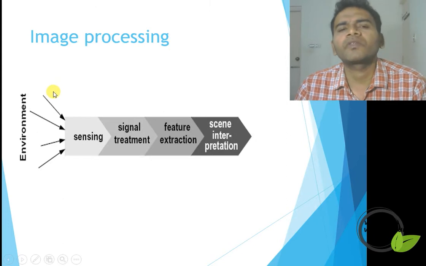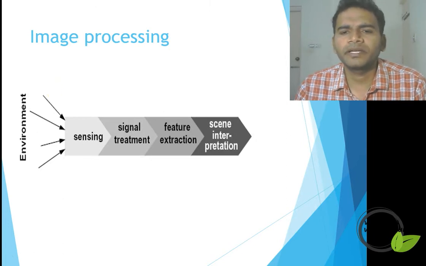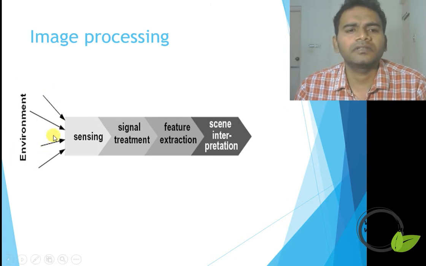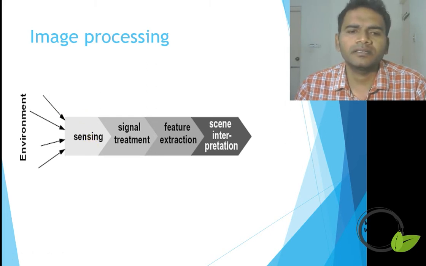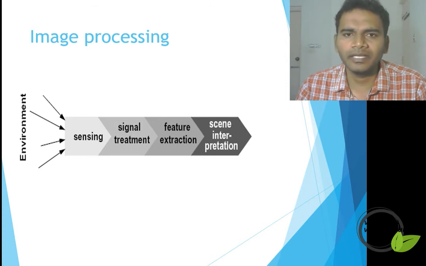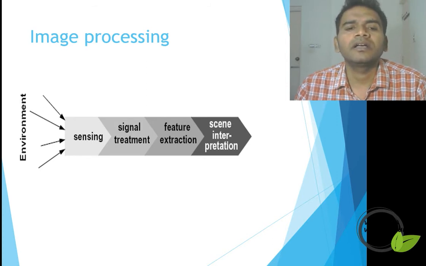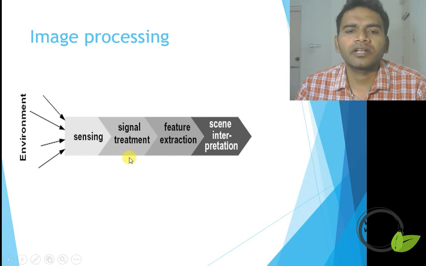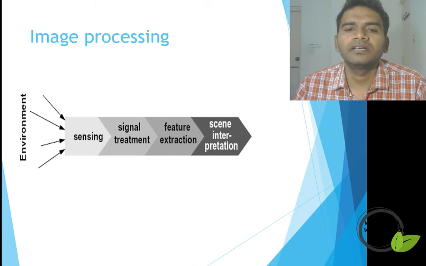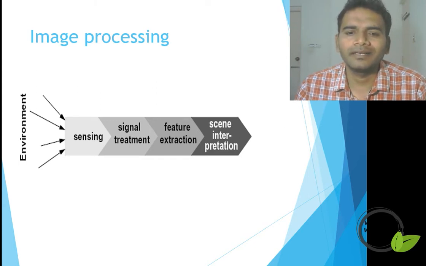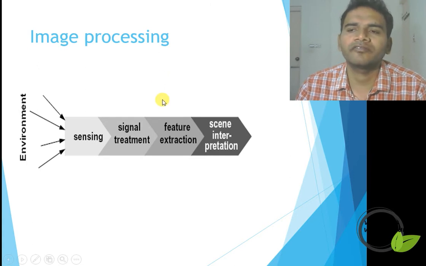Coming into image processing, we have a particular sequence. We have an environmental scene which is sensed by a sensor. This sensor gives data pertaining to the environment, that is ultimately the RGB levels of the environment. This environmental data is transferred to signal treatment, which is basically signal processing. There you can find masking, and you can attenuate certain areas of the scene, which is very essential for your feature extraction.